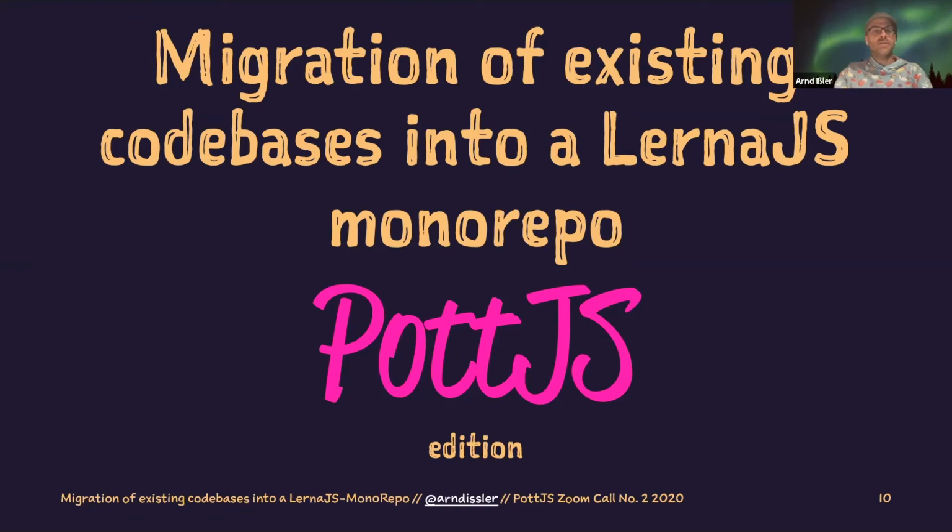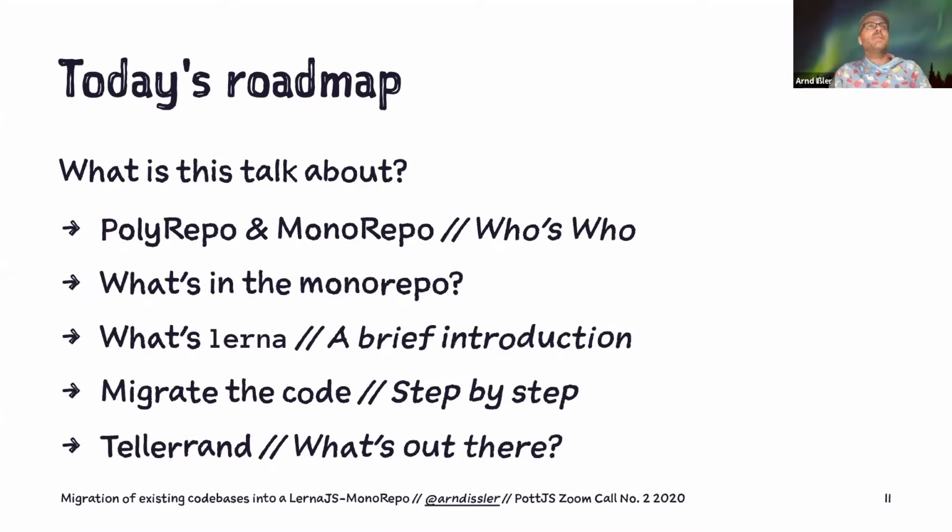So let's roll. Today's roadmap: what's on our plate? What's this talk about? First we have a look at the difference between polyrepos and the monorepo, what is what and how to use it. Then we decide what's in the monorepo. We will get in touch a little bit with Lerna, which is a tool for handling and managing monorepos.